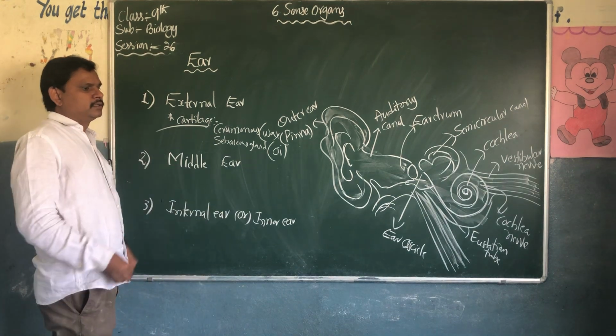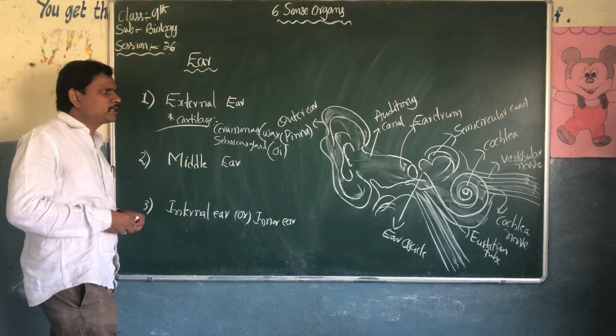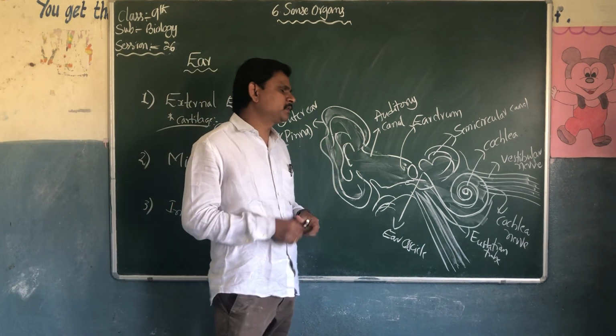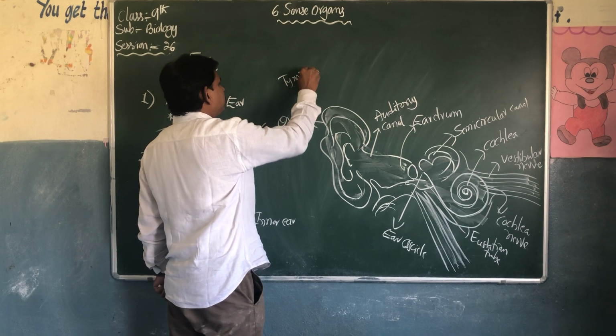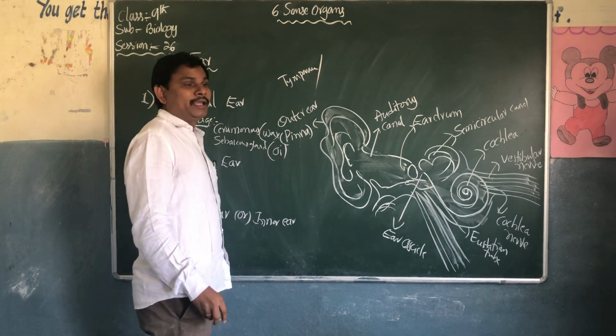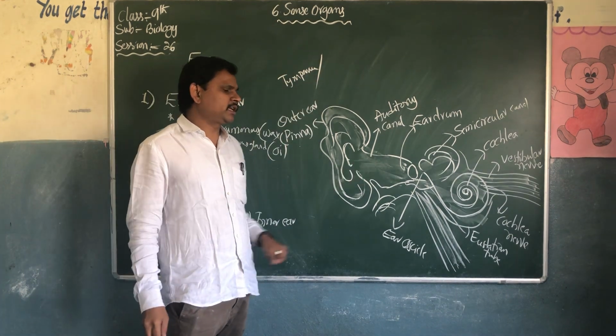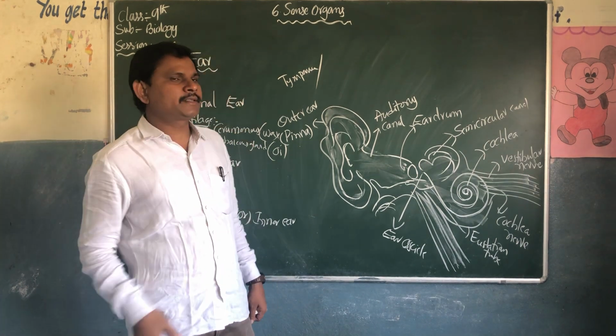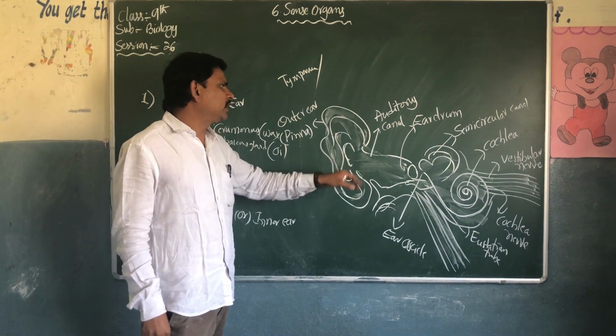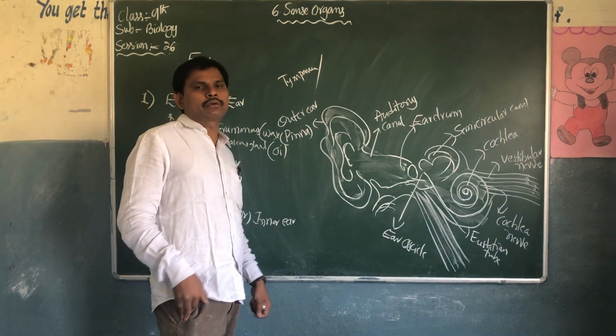The tympanum or eardrum is present in this auditory canal. It looks like a cone shape.